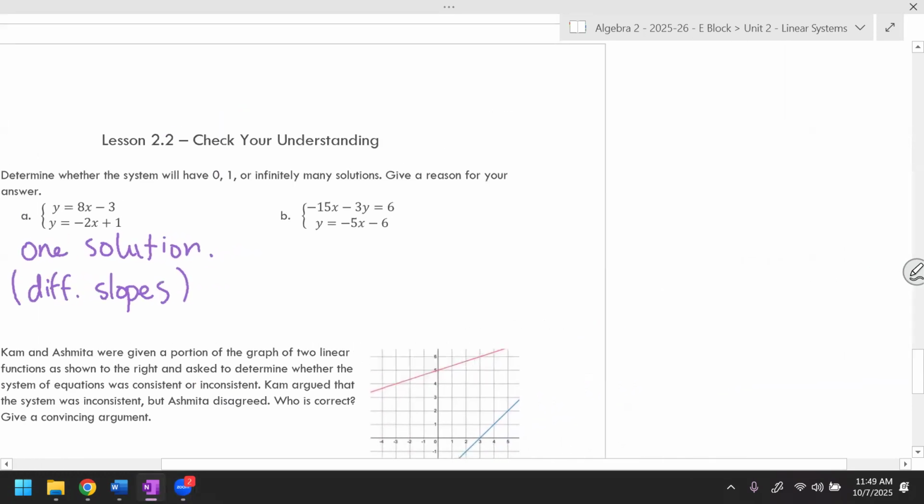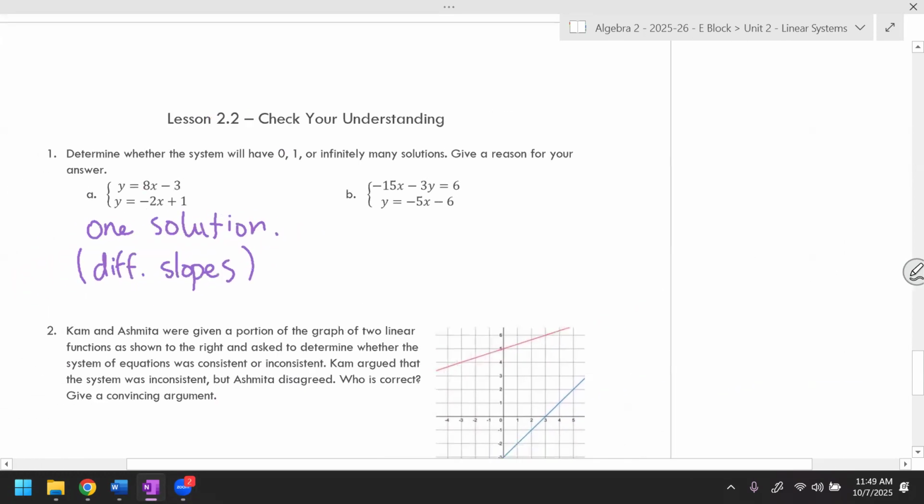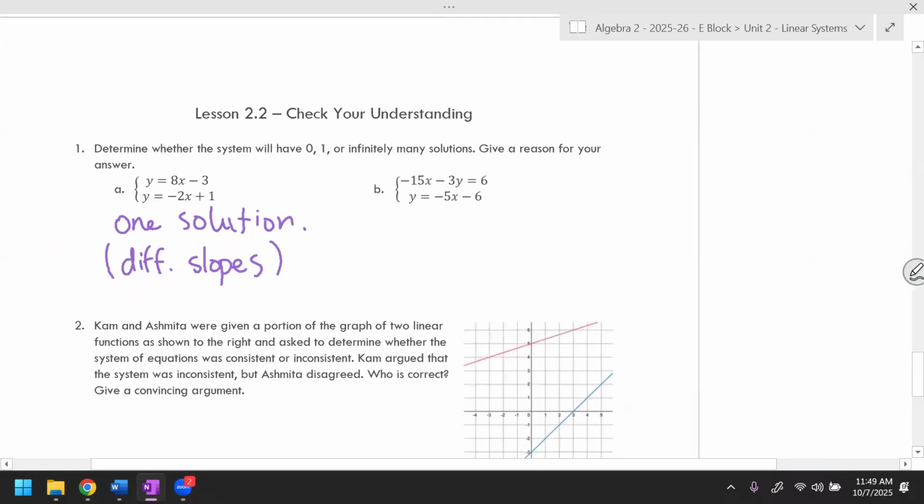What about part B, Touchy? Did you have one solution, infinite, or zero? You had zero. Why zero? Okay, if I take the top equation, I'm just going to rewrite it: 15x minus 3y equals 6. What did you do to the top equation?